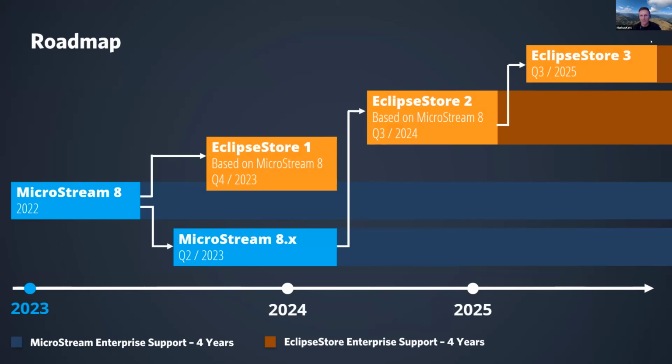Next version, EclipseStore 2, will be the only implementation. So we will stop further developing the MicroStream open source project. So we will really focus on EclipseStore.